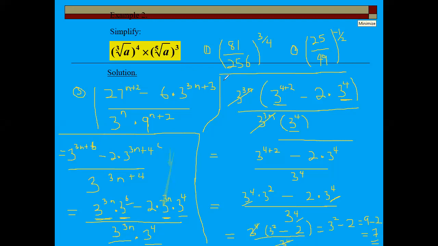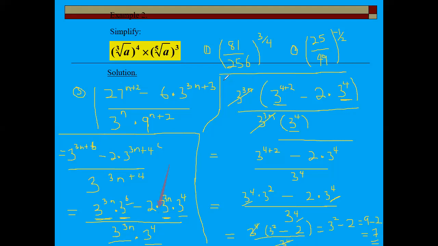Please, when you reach 3 raised to the power 4 plus 2 minus 2 times 3 raised to the power 4 all over 3 raised to the power 4, can we also cancel the 3 raised to the power 4 in the numerator with the 3 raised to the power 4 in the denominator?